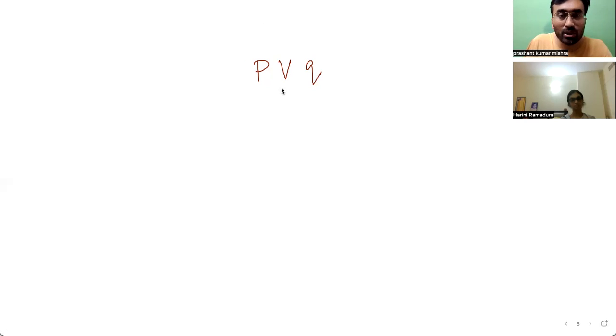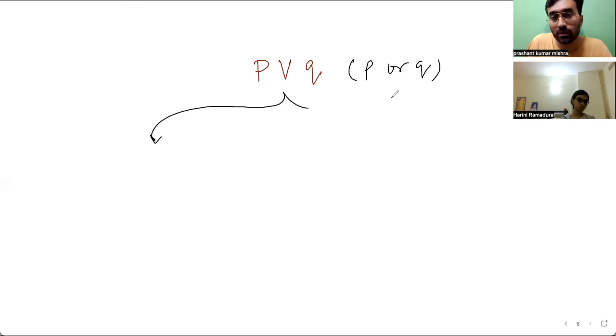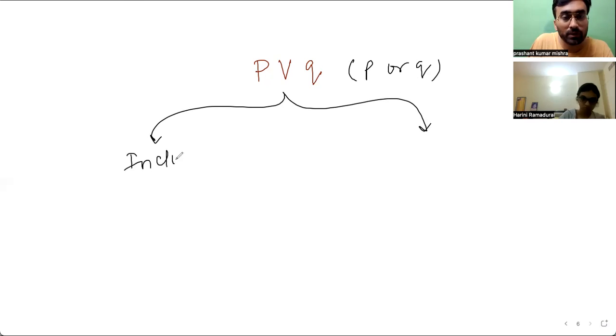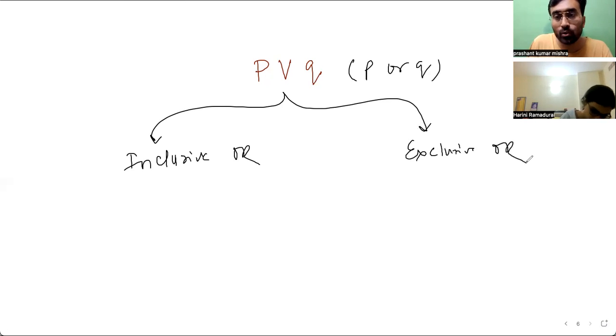Now this is P or Q. We had two conditions. One was inclusive or, and one is exclusive or.